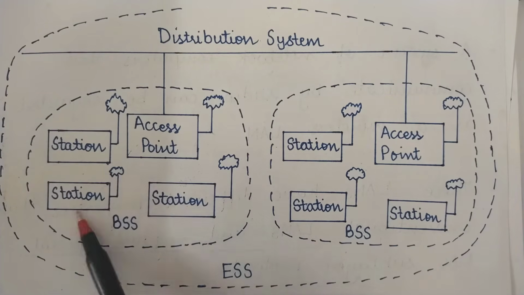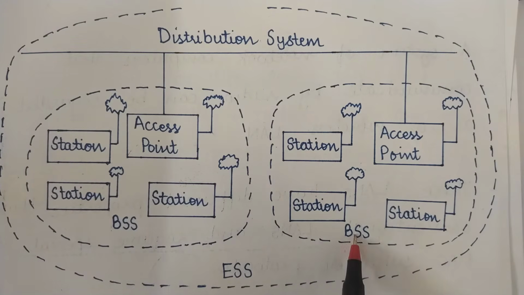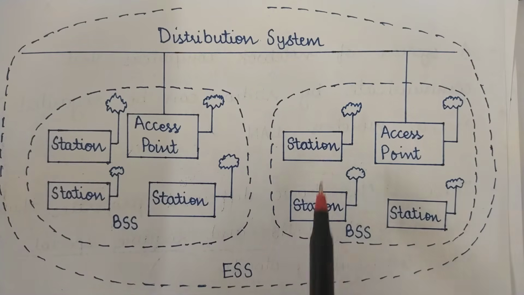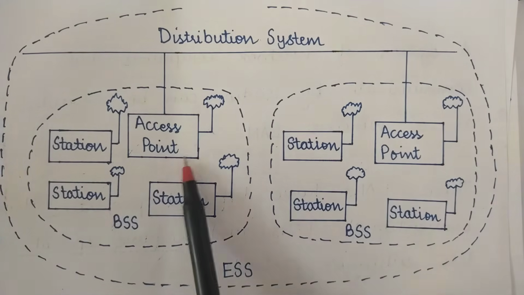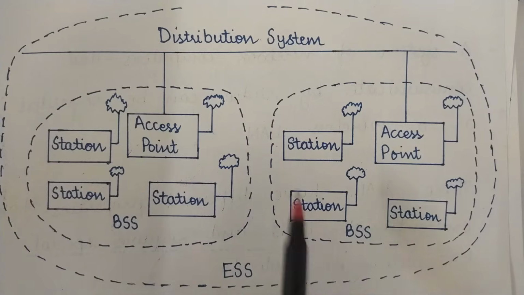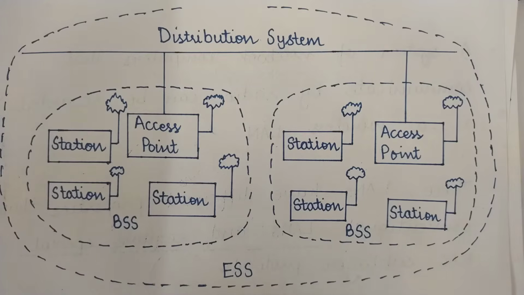Here you can see 3 stations and one access point. Again, within the other BSS, there are 3 stations and 1 access point. All these access points of both the BSS are connected to the distribution system, and this complete set is known as the ESS. So this is the wireless LAN architecture.